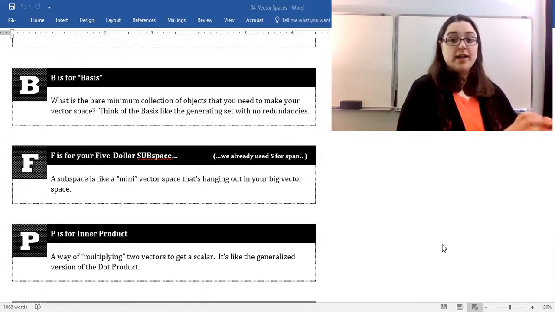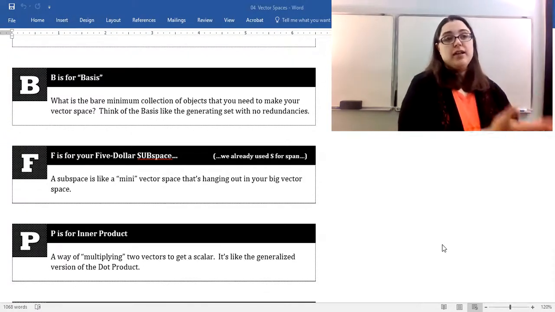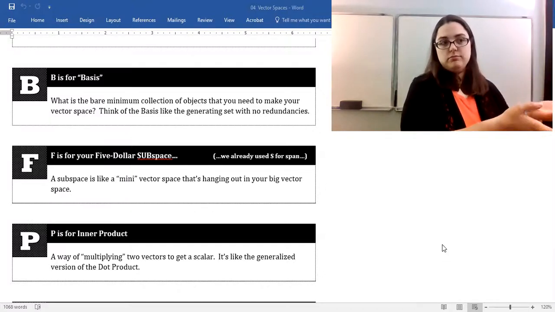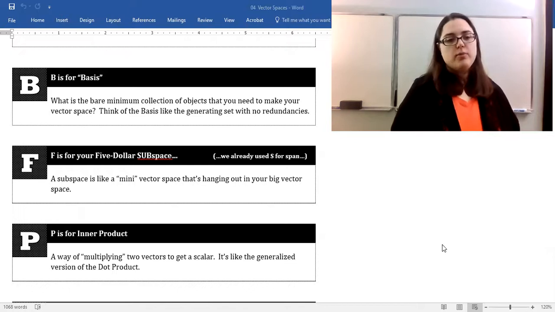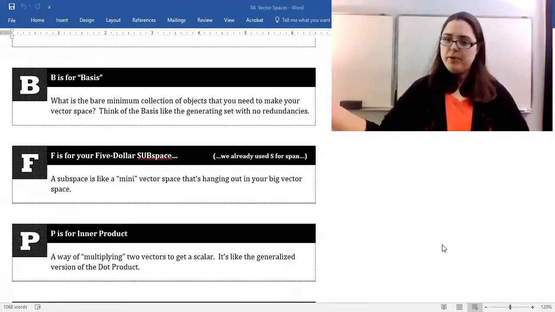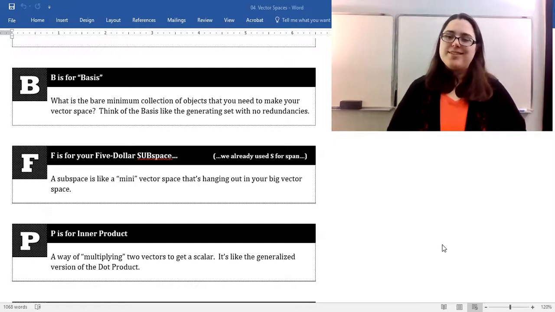And maybe in this world, I can create any even-dimensional Lego out of the other even Legos. So everything would be kind of hunky-dory and safe in that universe. That would be like a mini vector space in the big vector space. So that would be a subspace.